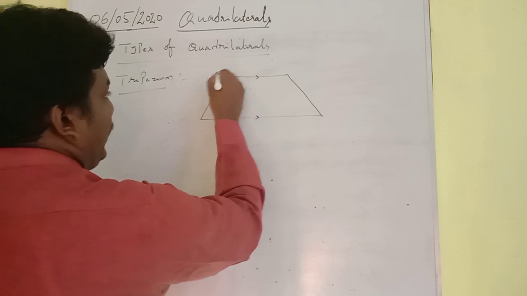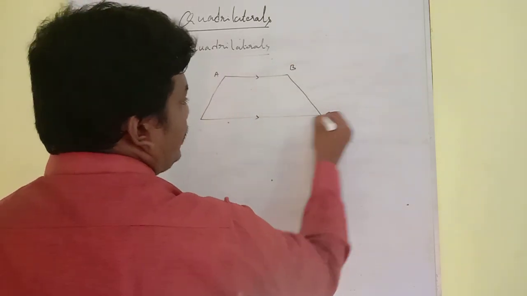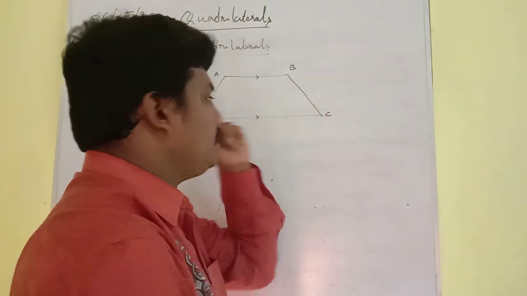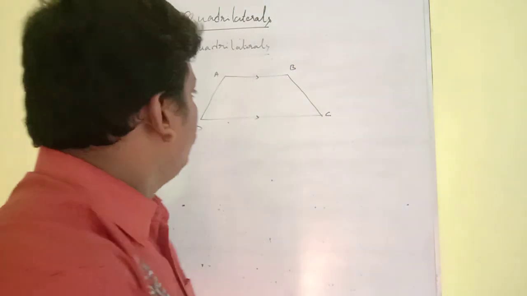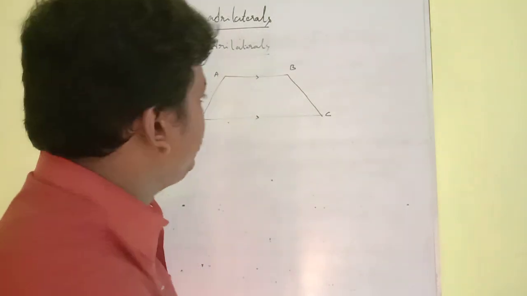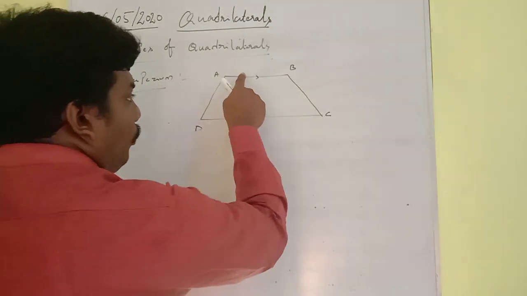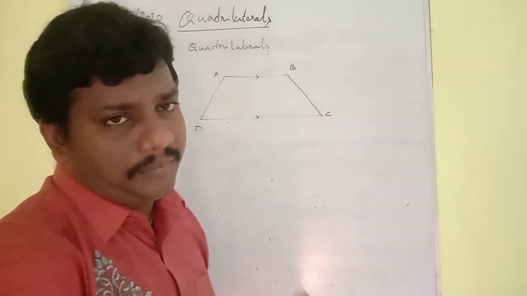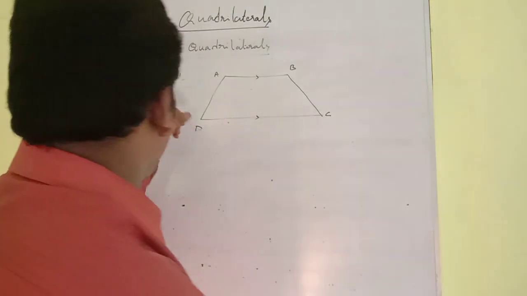Let me take this as A, B, C, D. ABCD is a quadrilateral, and this is a special type of quadrilateral. The specialty is that one pair of opposite sides are parallel. If one pair of opposite sides are parallel, that is called a trapezium.